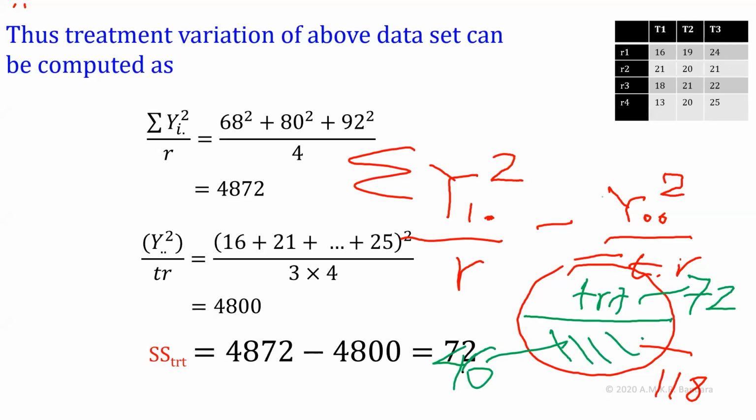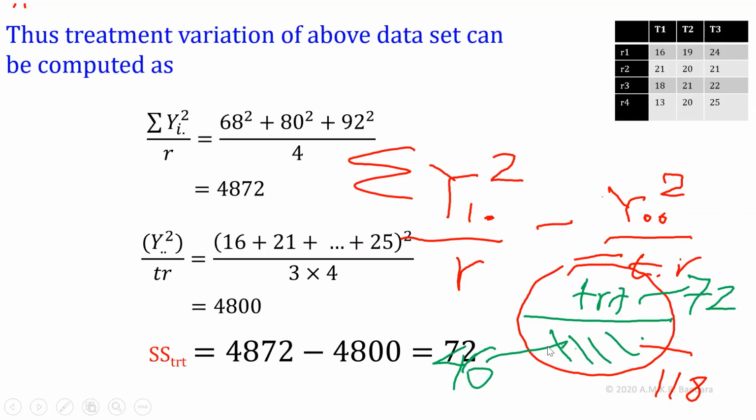So this is what ANOVA does. ANOVA partitions the total variability into different components. The first component we identified as treatment variability or between group variability, that is 72, and within treatment variability is 46.